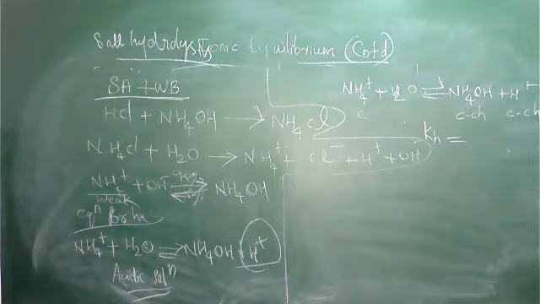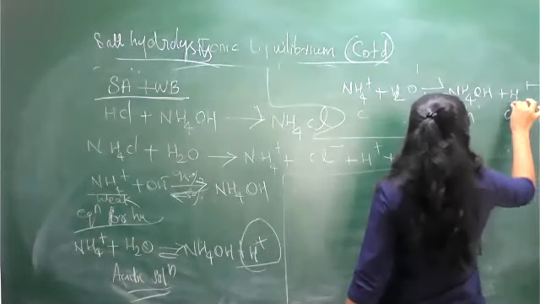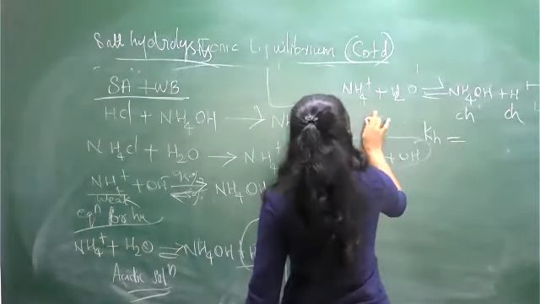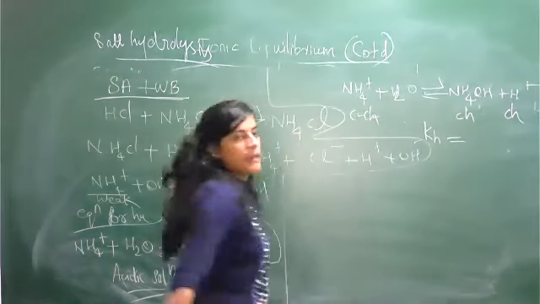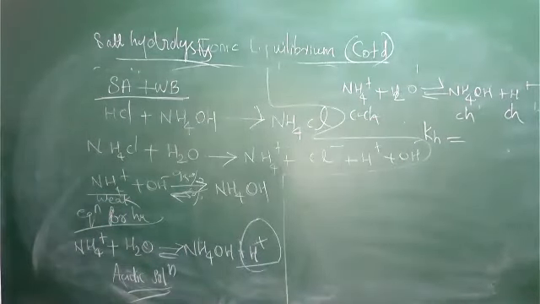Kh, tell me, no. Sorry, what did I do? Ch. Here C minus Ch. Tell me, C squared h squared upon C minus Ch. After neglecting everything, you will get a common result. Tell me, Kh equal to.